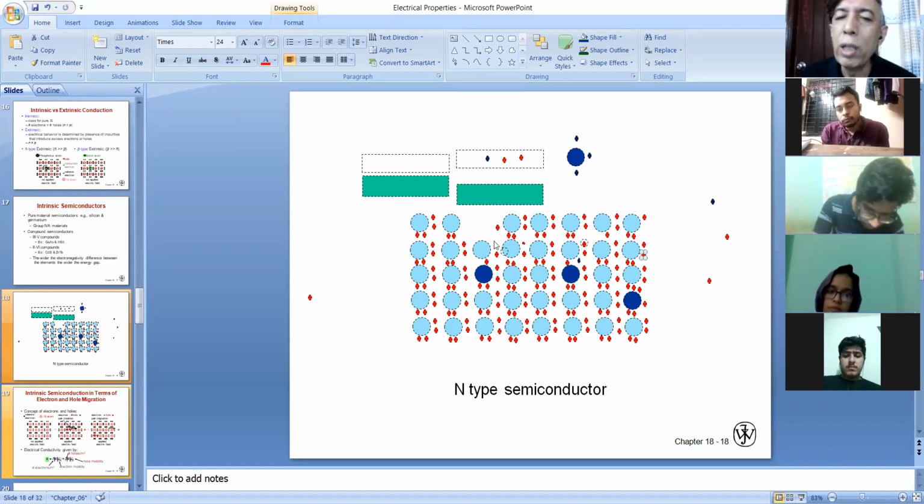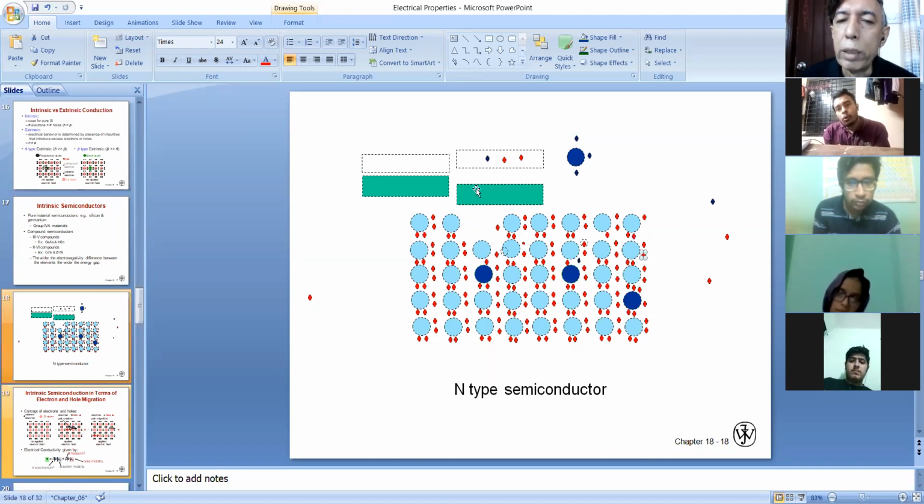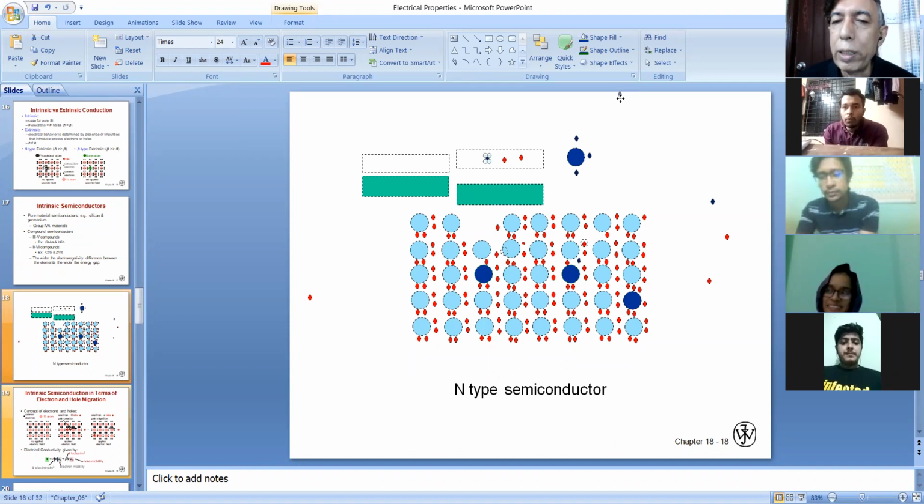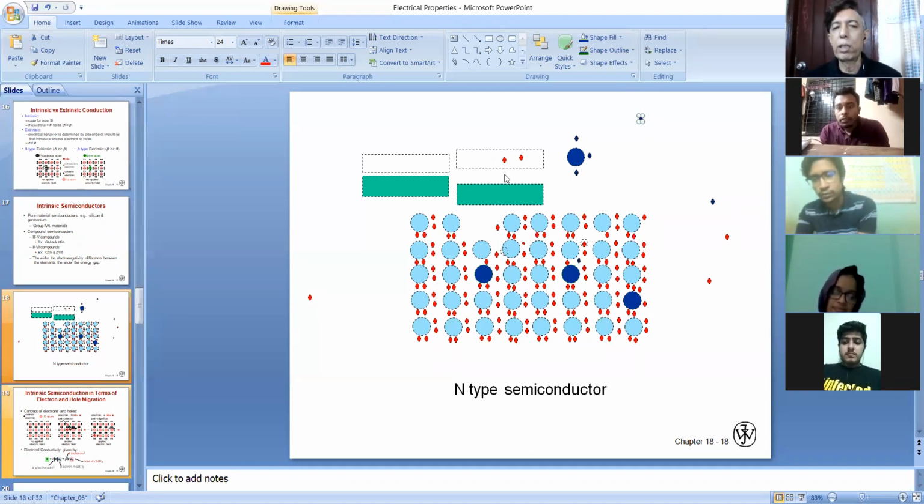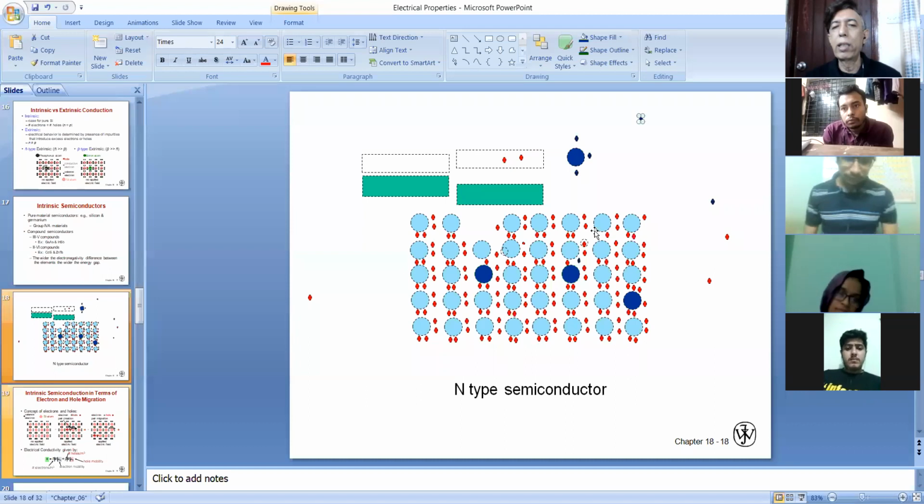Why these holes? These are the electrons of silicon that have gone from valence band to conduction band. 1 electron from here and another electron from here have gone from valence band to conduction band.